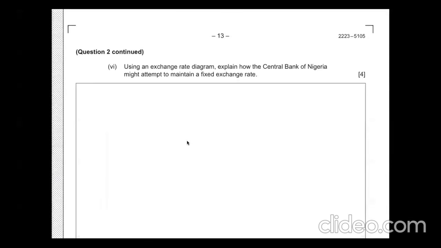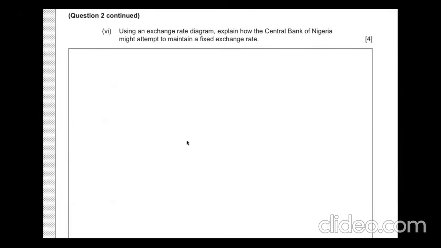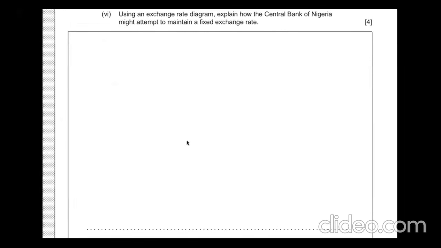Next question. Using an exchange rate diagram, explain how the Central Bank of Nigeria might attempt to maintain a fixed exchange rate. Basically, since the Naira is losing its value but it wants to keep the value, it has to, in other words, increase the value of the Naira. Therefore, drawing the diagram first.